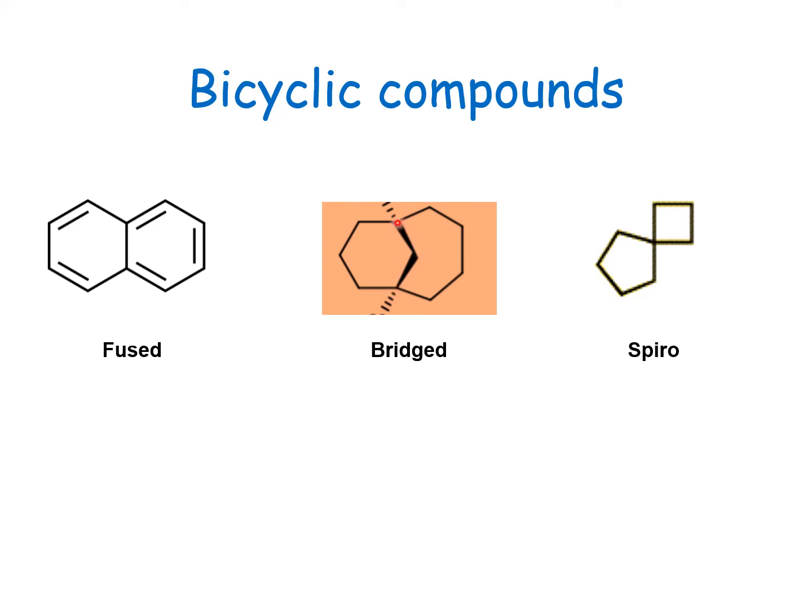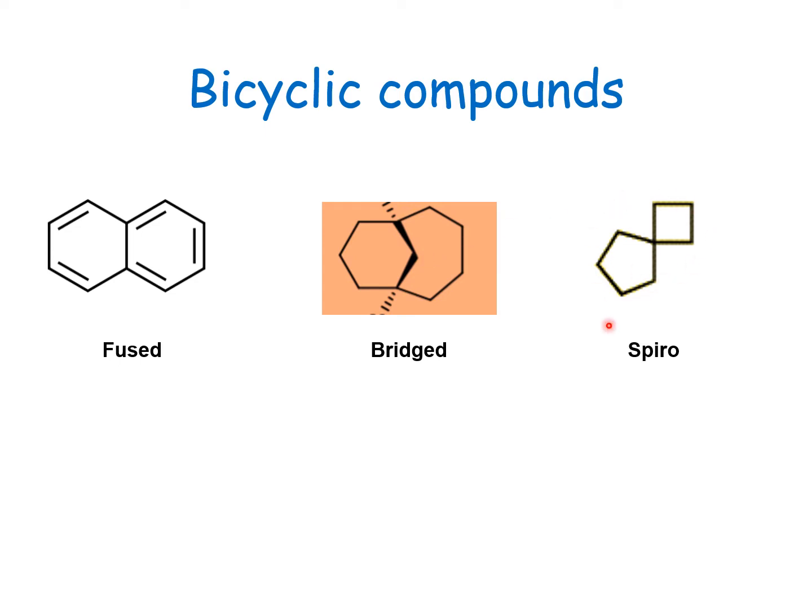Now this as well as this carbon atom, they are like fused carbon atoms as we have seen, but there are extra carbon atoms in between. So bridged are also fused cyclic systems, but at the fusion they have extra carbon atoms.